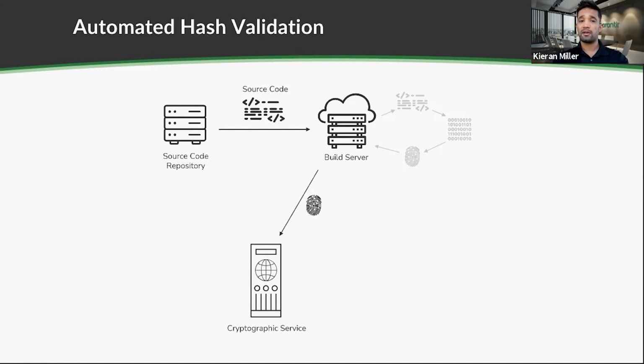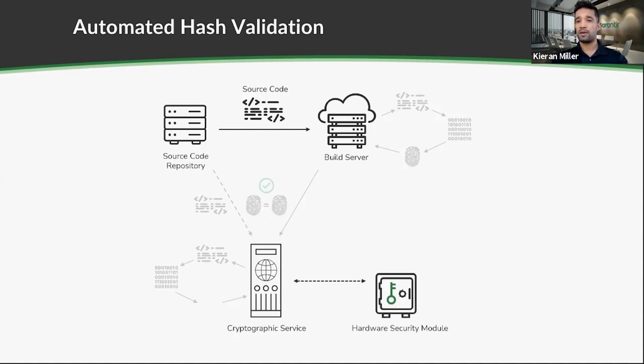The signing server asks, is this a hash that I want to sign? So it reaches out to the source code repository, performs a deterministic build, computes the hash itself, and checks whether these hashes match. If they do, it can offload the signing to the hardware security module or key management service or whatever you're using. So it's acting as an independent verifier and a gateway before it allows any signatures to occur.